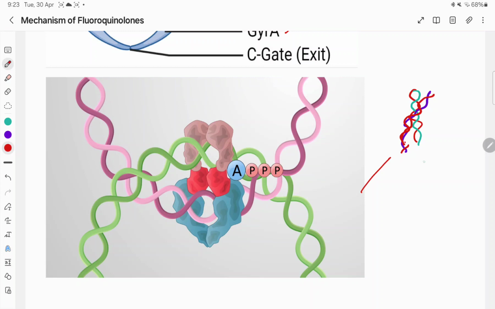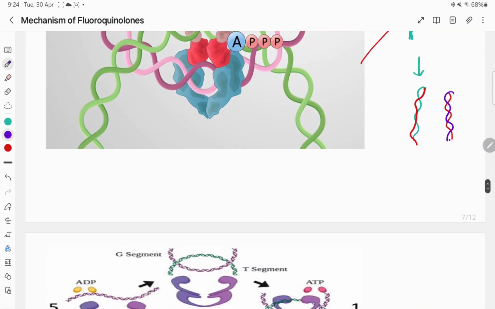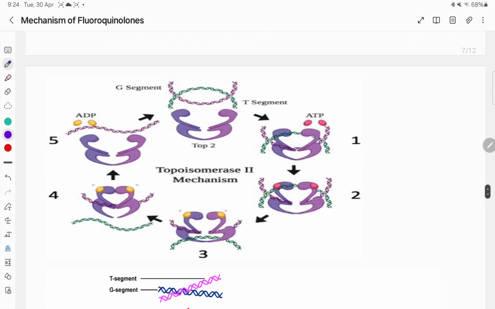That separation, this is supercoiled, that separation will be done by this DNA gyrase. Then this will be separated like this. So let us see the mechanism of action.